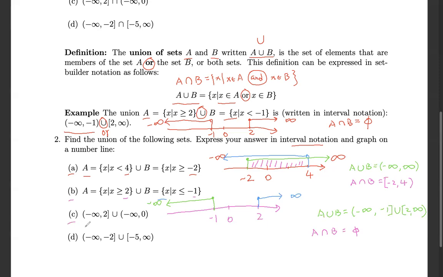Okay, let's see C. We need 2 and 0. So 0 is here, 2 is here. The first set is from negative infinity up to 2, solid.